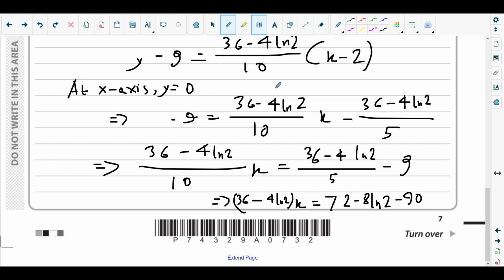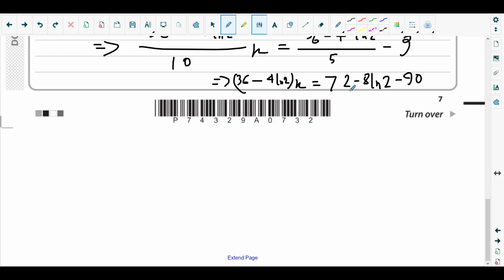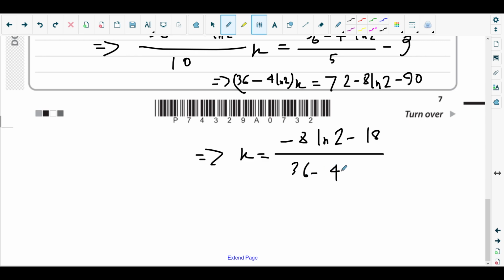Okay, so now we need to make x the subject. Let me expand the page. Okay, we need to make x the subject. So if you make x the subject, what you will get? Negative 8 ln 2 minus 18 over what? 36 minus what? 4 ln 2.